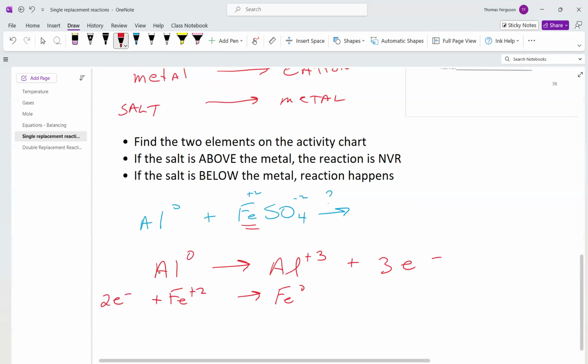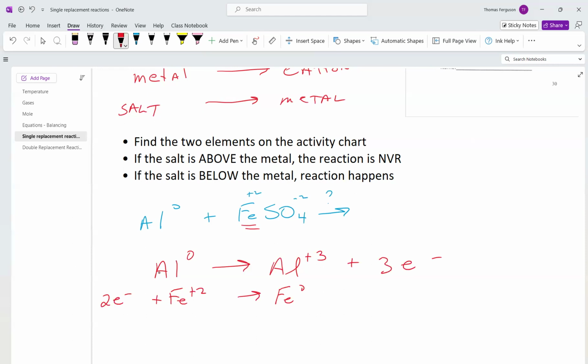Okay, now half reactions have to match the number of electrons. So we have a 3 and a 2 deal going here, right? So we have to figure out what's the common denominator between 2 and 3? 6. So 6 is a good number to shoot for because 2 goes into 6 and 3 goes into 6.